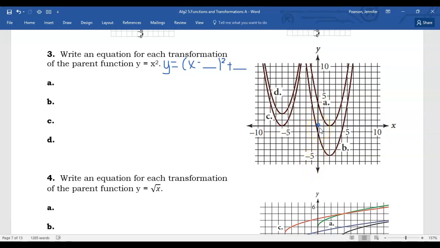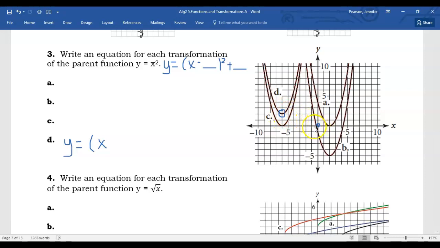I'm going to do problem D. I think D is the hardest one, and hopefully then seeing how to do problem D, problems A, B, and C should be a little easier. So this is going to start with y equals, in parentheses, I have an x. Now this is either going to be a plus or a minus, depending on if the graph moved left or right. The new vertex of problem D is right here.